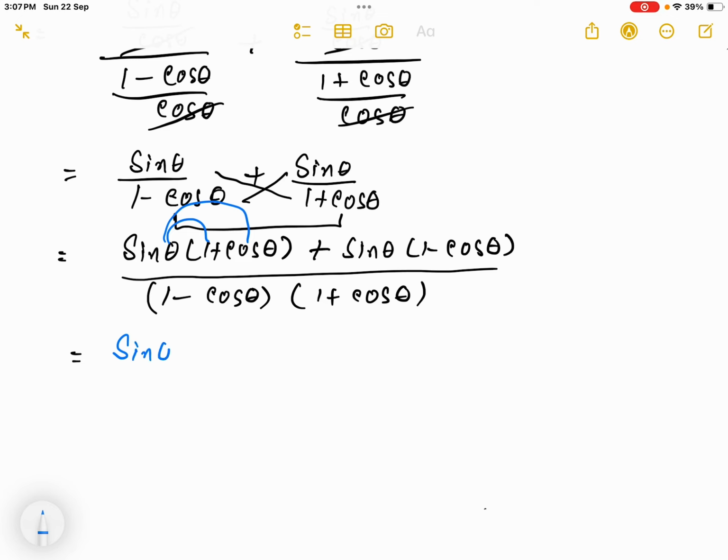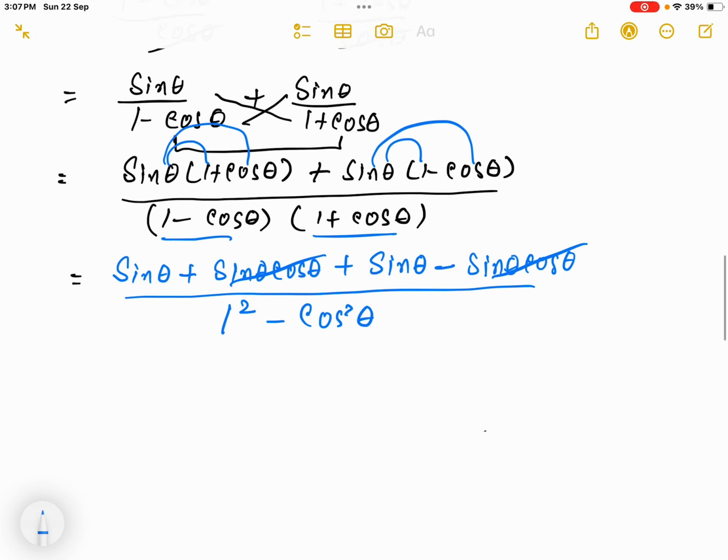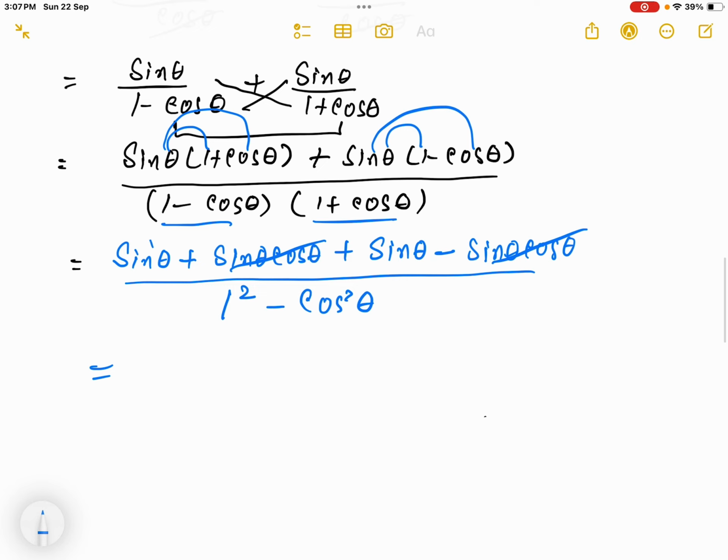Sine theta times 1 is sine theta, plus sine theta times cos theta is sine theta cos theta, plus sine theta times 1 is sine theta, minus sine theta cos theta. And in the denominator I will be having a minus b into a plus b, that is again a square minus b square. Minus sine theta cos theta plus sine theta cos theta will get cancelled out, and these two terms will get added up: sine theta plus sine theta is 2 sine theta.